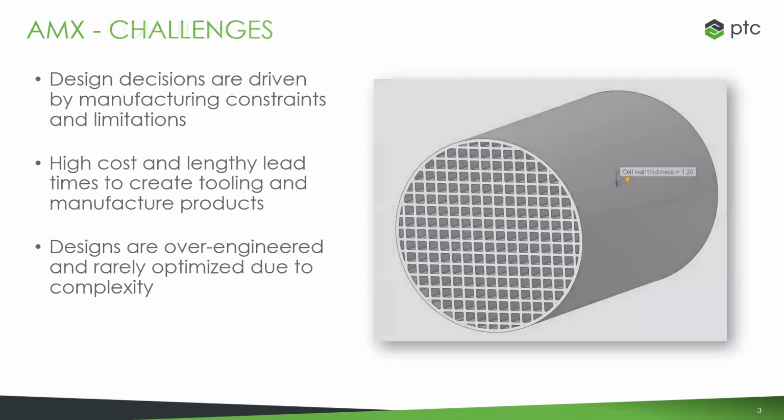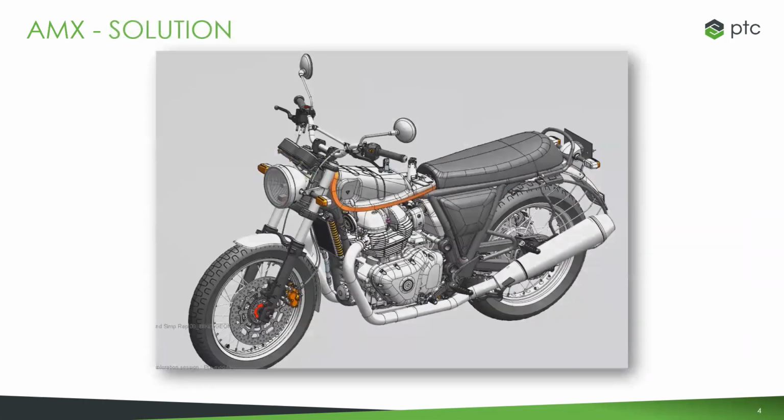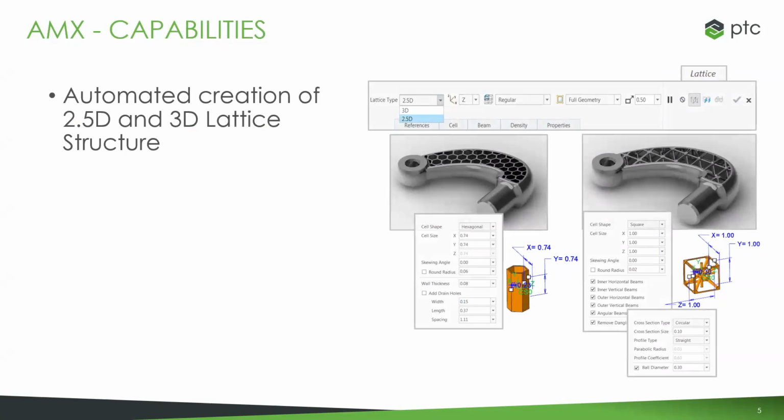What we found is that additive manufacturing can provide the solution to all those different challenges. We've put a lot of time, effort and investment into Creo, specifically with the additive manufacturing extensions, to give you the functionality you need to start building up your designs with this new world of capabilities in mind. One of the main areas we're really focusing on here is the idea of lattices.